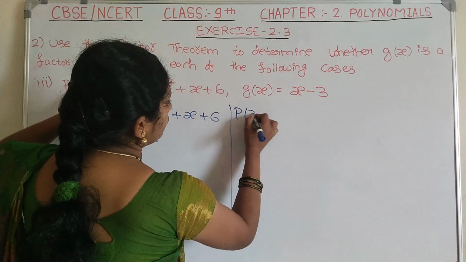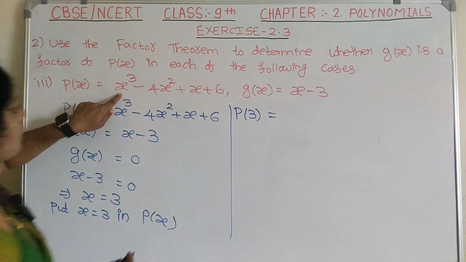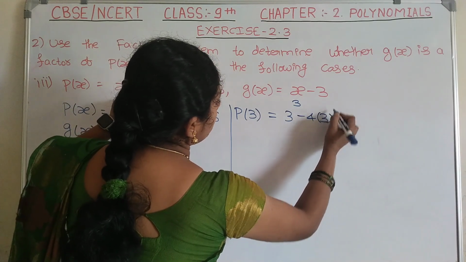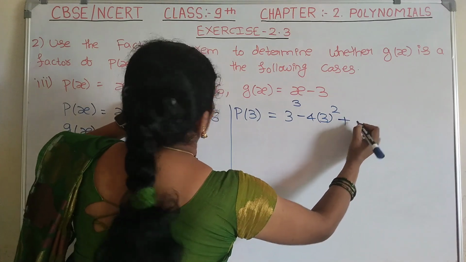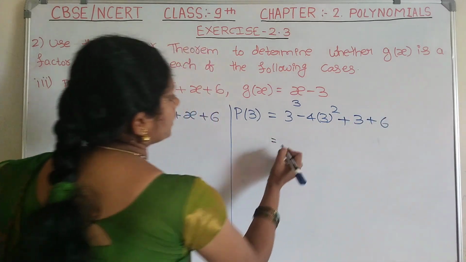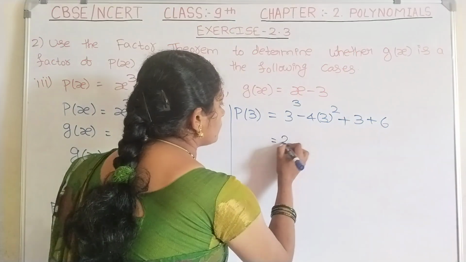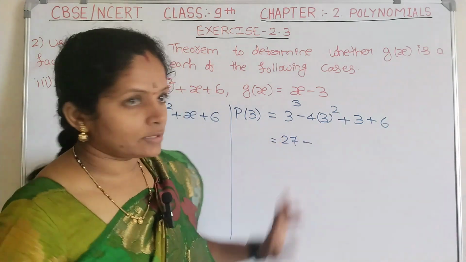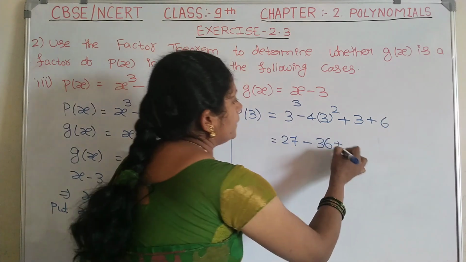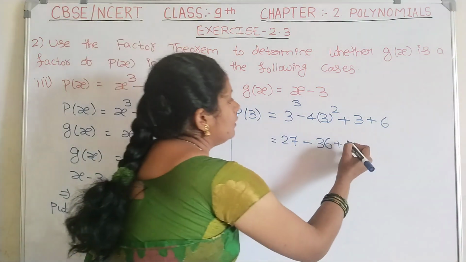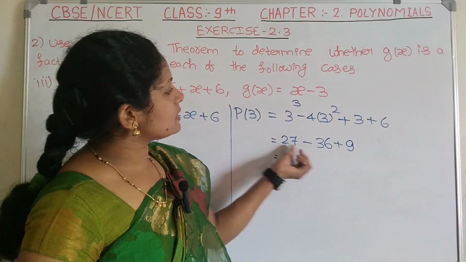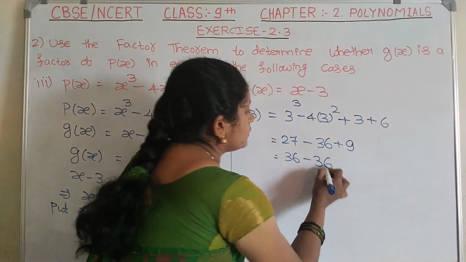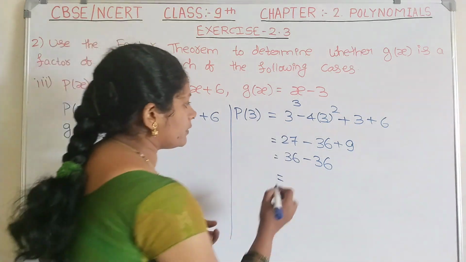So p of 3 equals 3 cube minus 4 into 3 square plus 3 plus 6. 3 cube is 27, minus 3 square is 9, 9 4s are 36, plus 6 plus 3 is 9. 27 plus 9 is 36, minus 36. 36 plus 36 and minus 36, we get the 0.